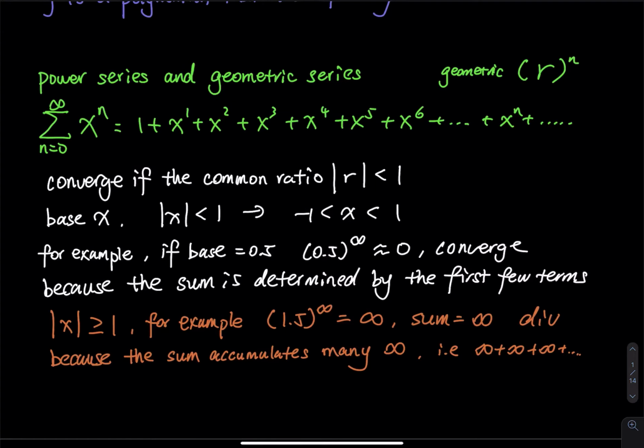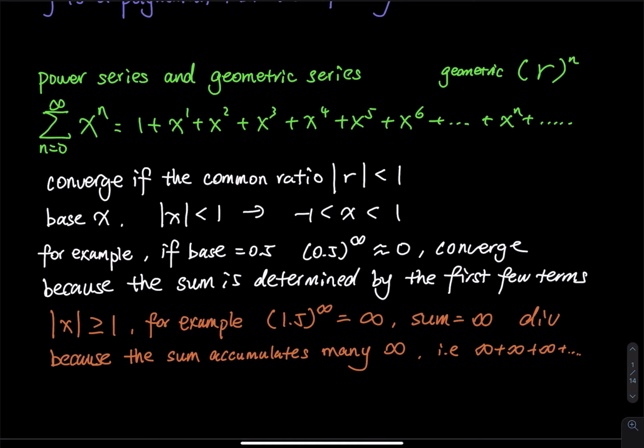So for the white handwriting, this one is totally a step back to the geometric series. For the base r in the geometric series, we say the geometric series converges when the common ratio, the absolute value of r, is less than 1. Using the language in power series, the base is not r, the base is x.